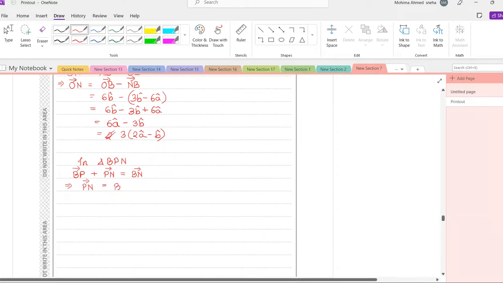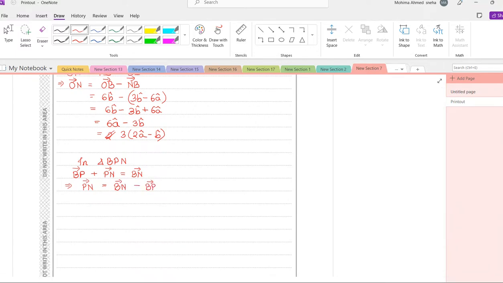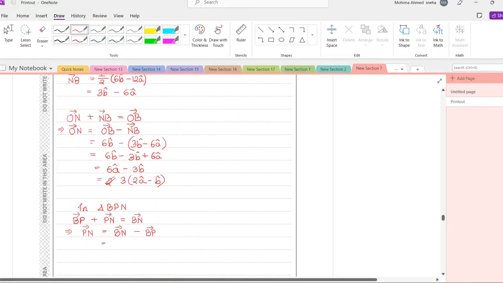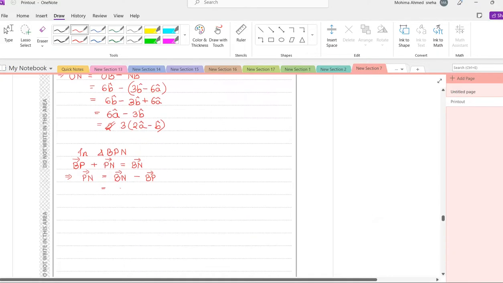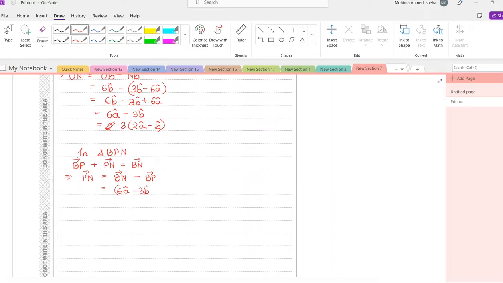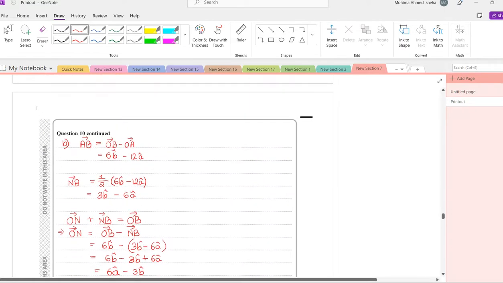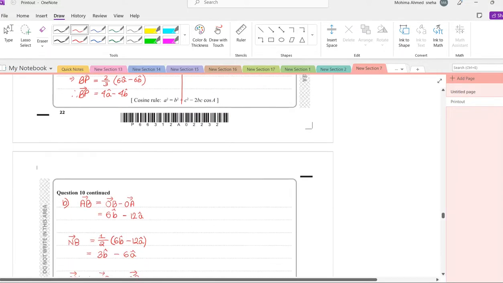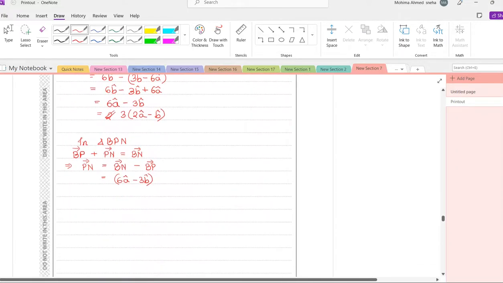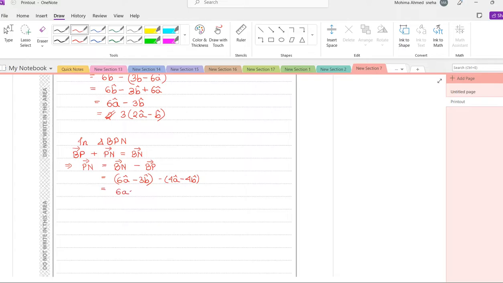So PN equals BN minus BP. BN would be 6A minus 3B, and BP was at the top. BP was 4A minus 4B, so minus 4A minus 4B. Now if you remove all the brackets, you have 6A minus 3B minus 4A plus 4B.